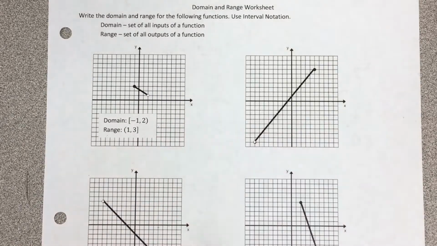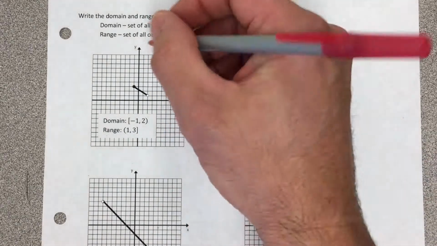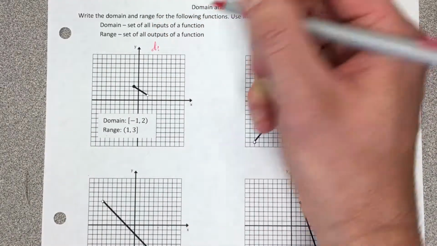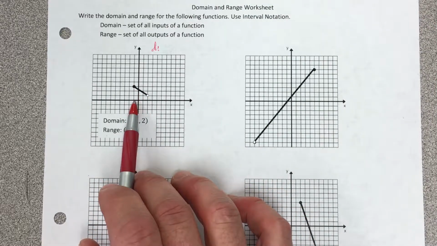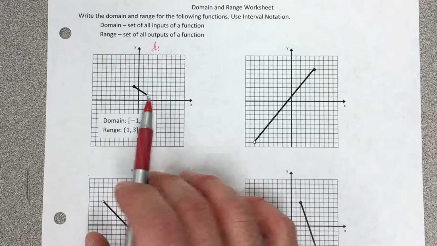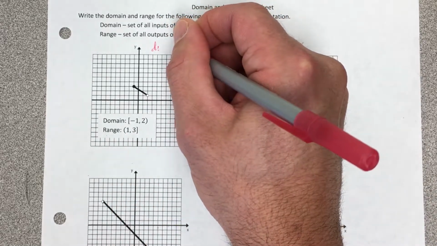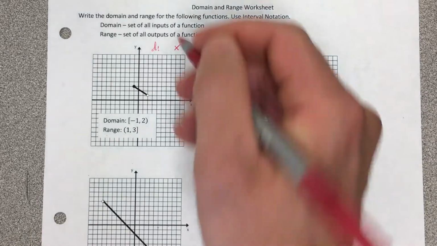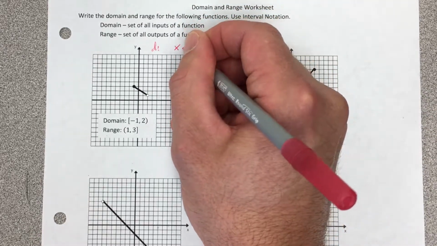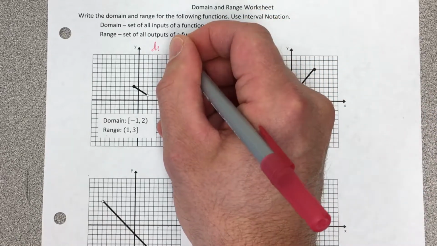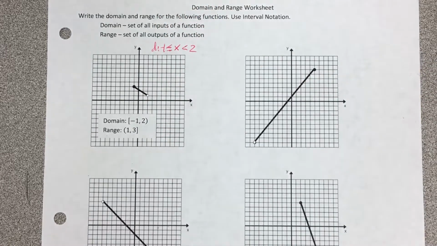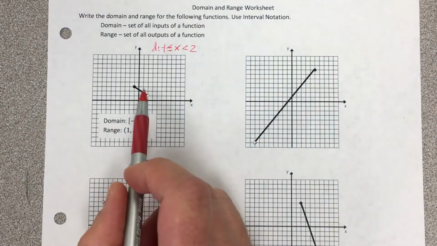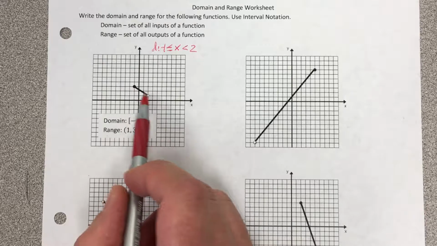So how you would do this the old-fashioned way is you would say for your domain that the smallest x value is -1 and you're going up to 2, and you could write: x is less than 2 but greater than or equal to -1. You would do a compound inequality because you would include everything in between.